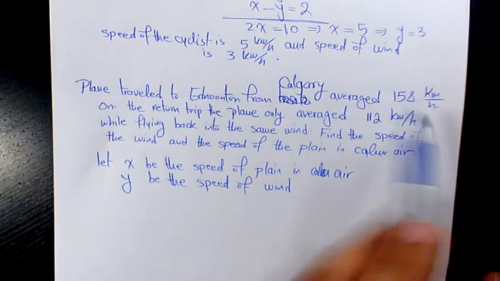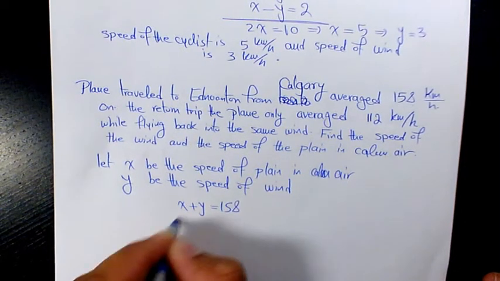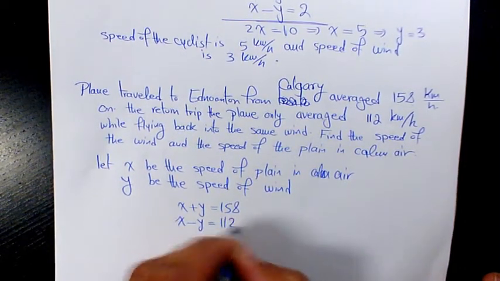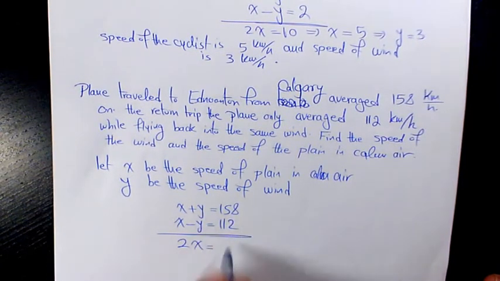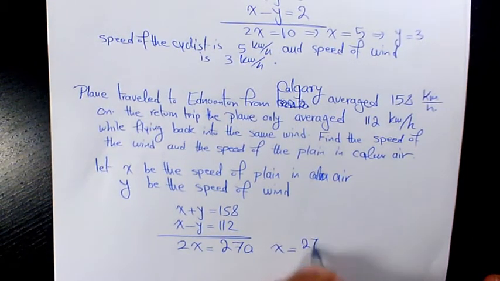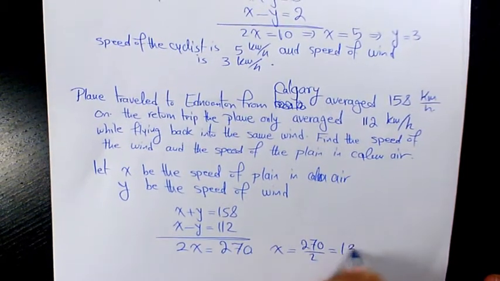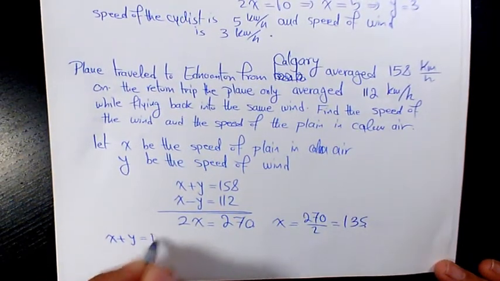The speeds are already given, so x plus y equals 158, x minus y is 112. When you add them, you have 2x equals 270. So x will be 270 divided by 2, which is 135. X plus y is 158.